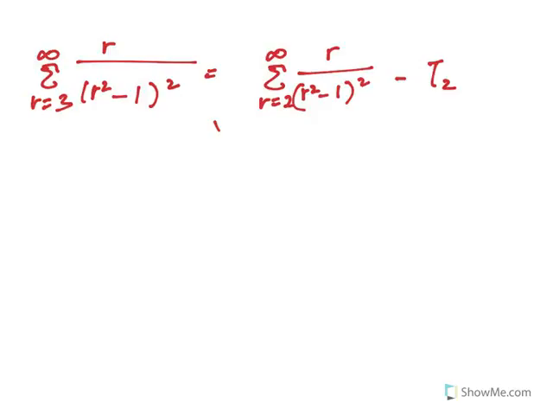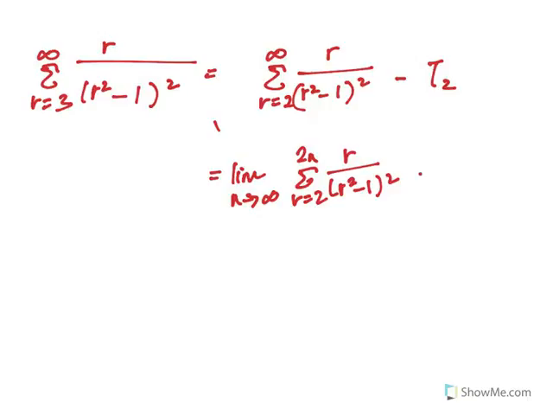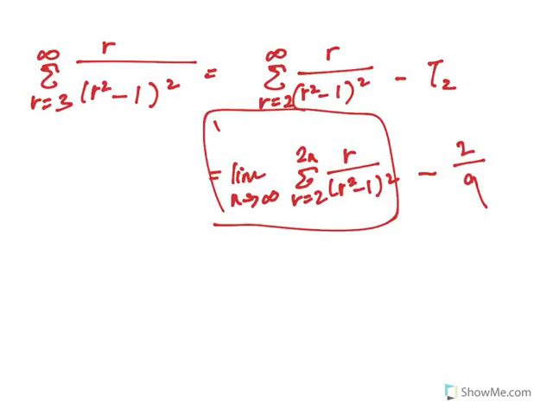So this portion, we can write it this way: limit n goes to infinity, n goes to infinity, of the sum from r equals to 2, N or 2n doesn't matter, then minus term 2. Term 2, as you know, is 2 over 9. Limit of n to infinity of this is the same as this.